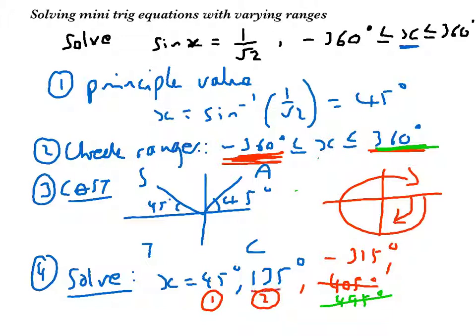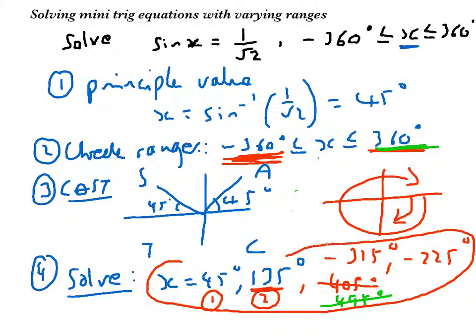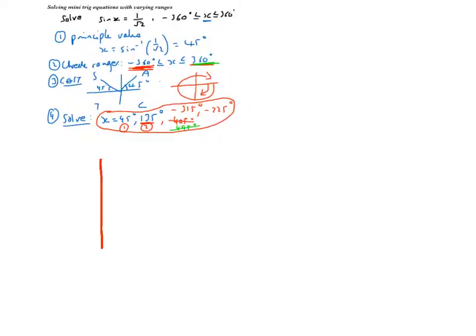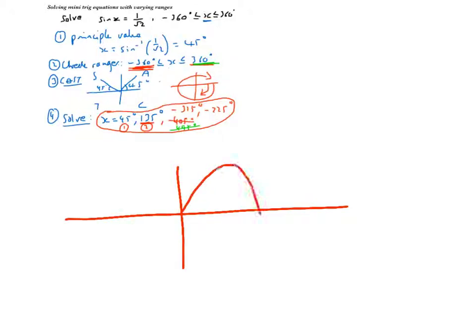Now I take my second solution, my 135. 135 minus 360 is minus 225 degrees. If I did it again, that's minus 585, which is outside our range. So in our range, these are our solutions. And if you go back to the graph, you can see that's the case, because this time we have sine going between 0 and 360 and 0 and minus 360.